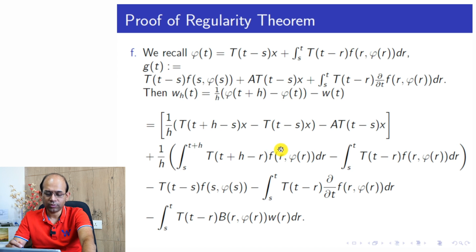So I would get f of r plus h phi of r plus h here, and here I would get capital T of t minus r. And then the limit would also change. When r is s, r prime would be s minus h. Correct? And when r is t plus h, r prime would be t. So this s minus h to s is the additional term.